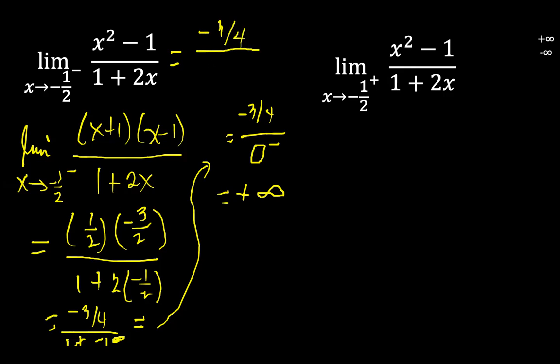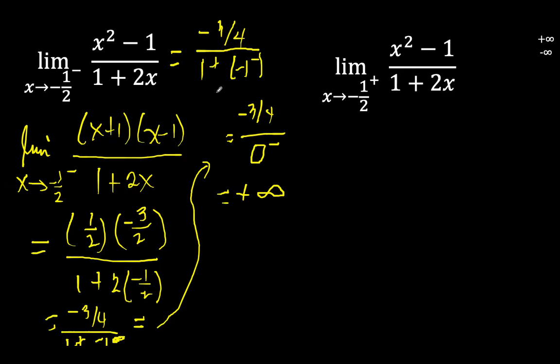And here, 1 plus all the numbers which are less than negative 1/2, so these are numbers which are negative in value, and the absolute value of that is more than 1.